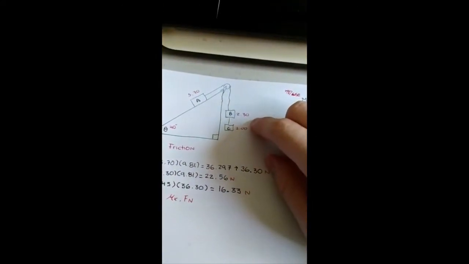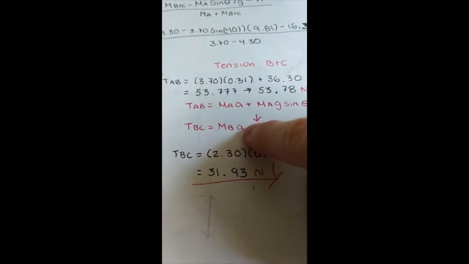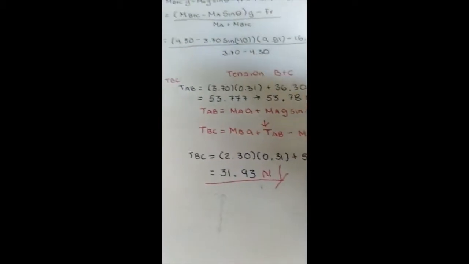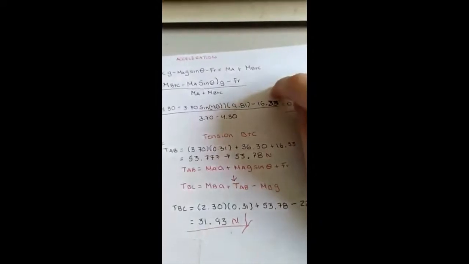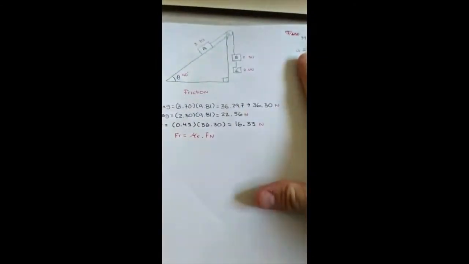But first, we need the acceleration because right here the formula won't allow us to. But oh, what a surprise, we can't use the acceleration without the friction. So first of all, we need to find the friction in this problem.